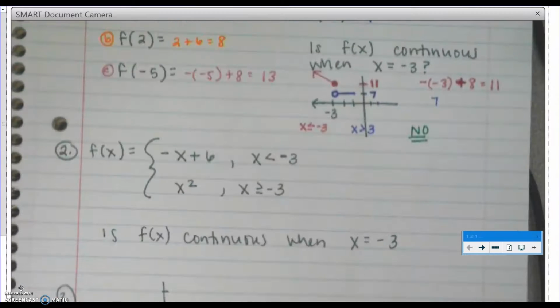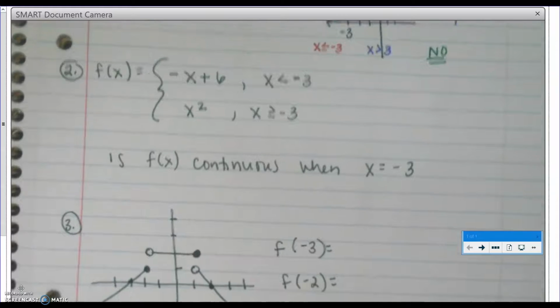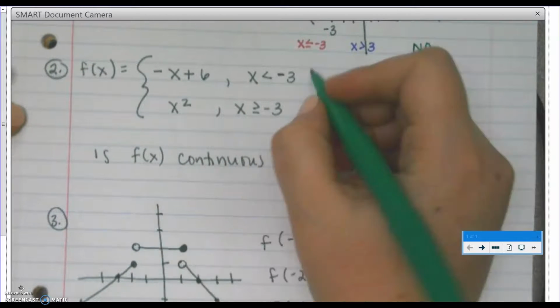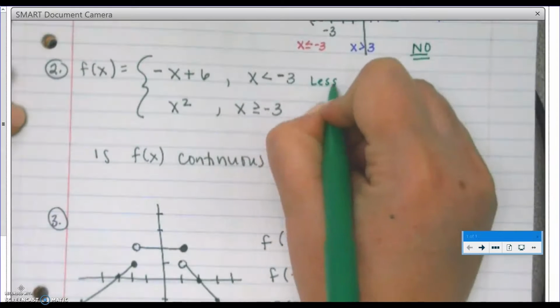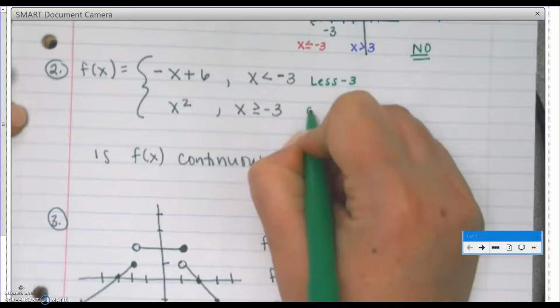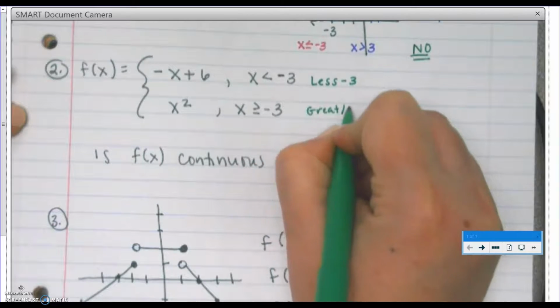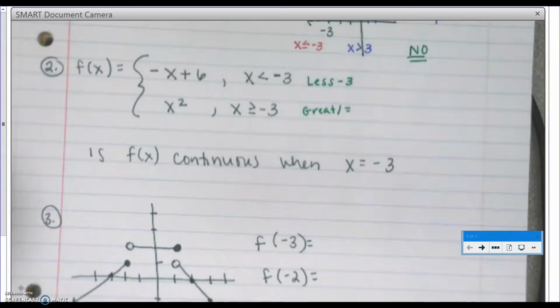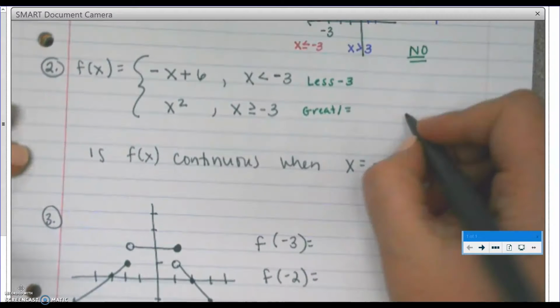All right, so let's do another example just like that. So here I only have 2 pieces. This is for numbers less than -3, greater than or equal to -3. But I want to know, is the graph going to be continuous?